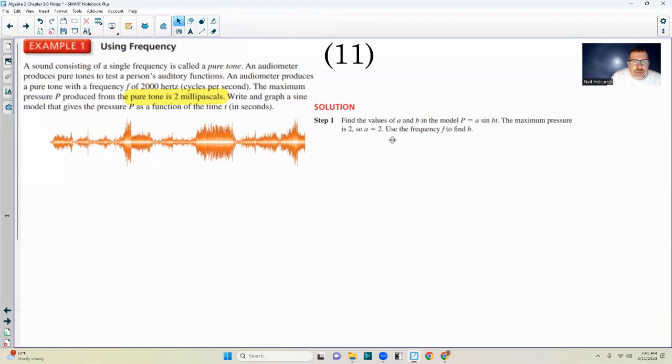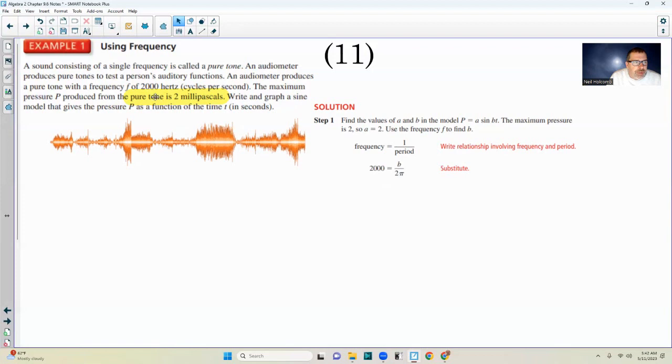All right, so use the frequency f to find B now. So frequency, remember, is 1 over the period, because frequency is the reciprocal of the period, which it said in that definition of frequency. So write a relationship involving frequency and period.